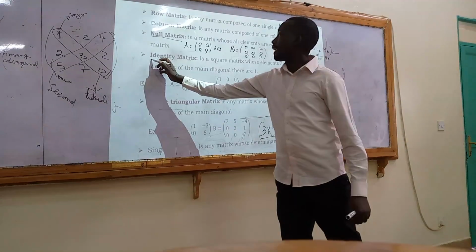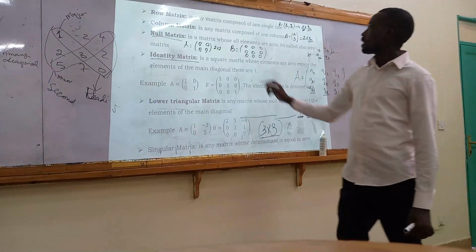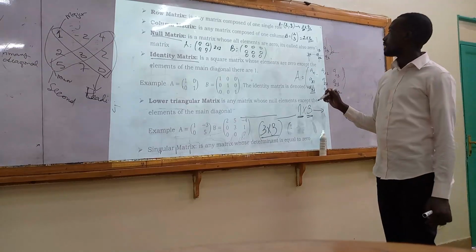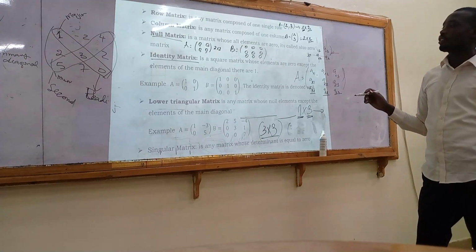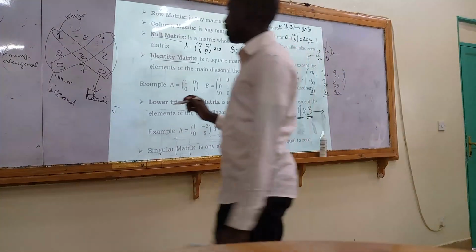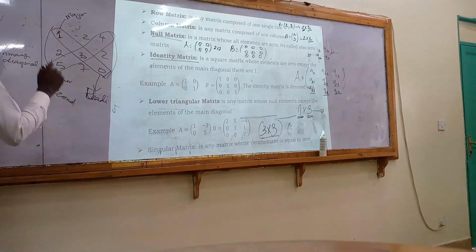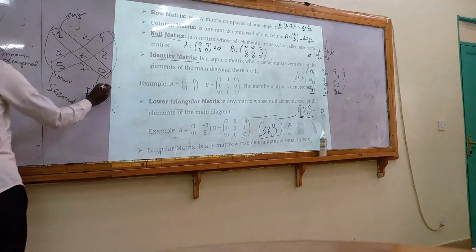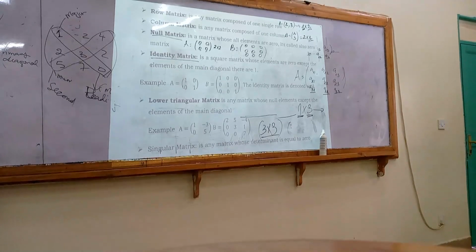There is what we call an identity matrix. It is a square matrix whose elements are 0 except the elements of the main diagonal. We have talked about the main diagonal, the leading diagonal. The leading diagonal is the same as the main diagonal.